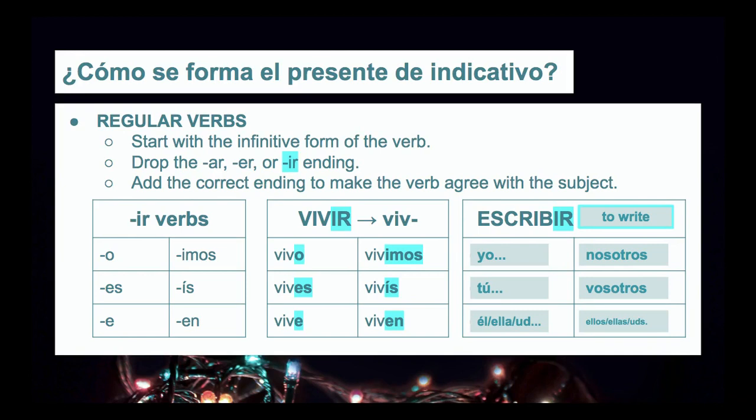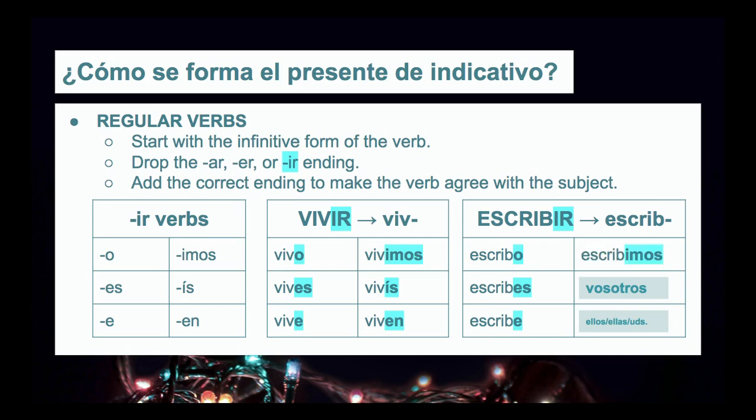The verb escribir means to write. First, we drop the IR from the infinitive, and we're left with the stem ESCRIB. Now I add the IR endings and get yo escribo, tú escribes, él escribe, ella escribe, usted escribe.